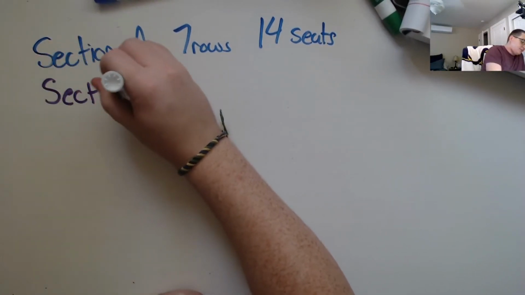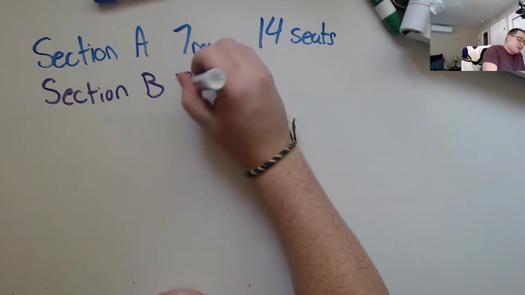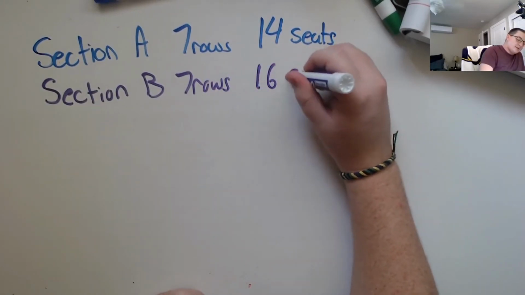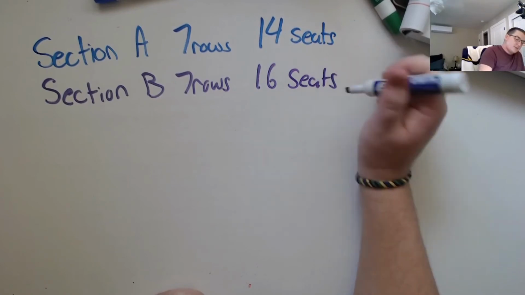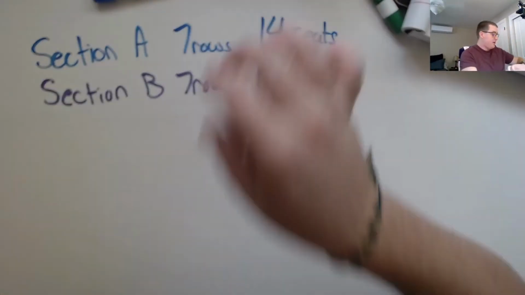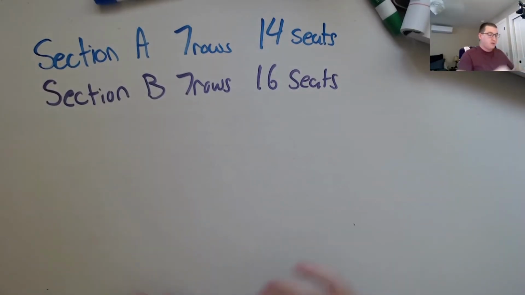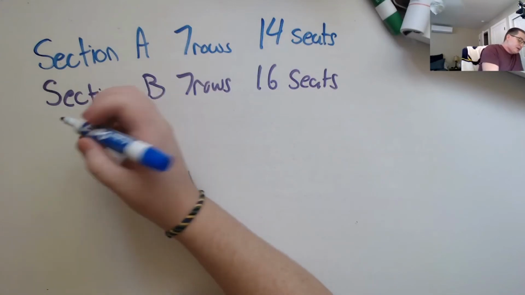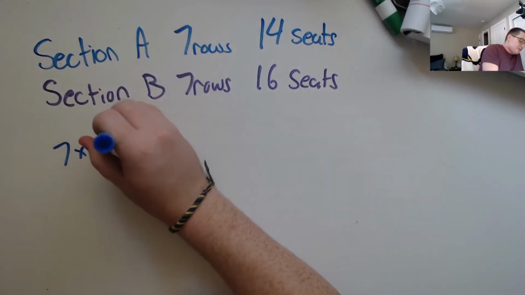And they're also going to have 7 rows at 16 seats. So we're going to do the same thing. We're still going to multiply and add it up, and it's just going to change our answer up a little bit. So let's go ahead and do that. Let's do 7 times 14.